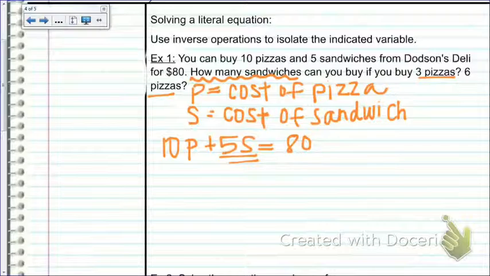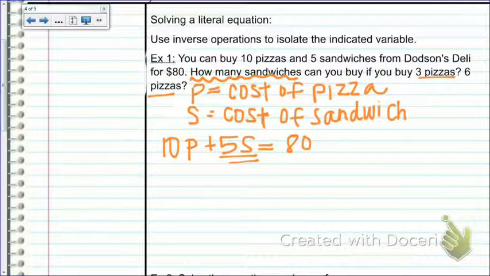How can I isolate S? First step. Divide by 5 will be part of it, but remember, isolating a variable means we do order of operations backwards. So what do we need to do first? Not quite. What else? Try again. Subtract 10p.